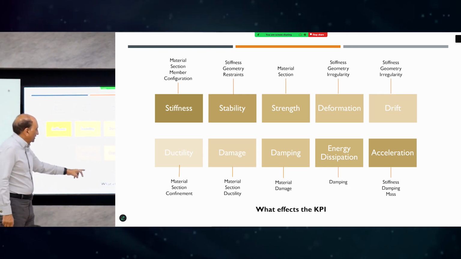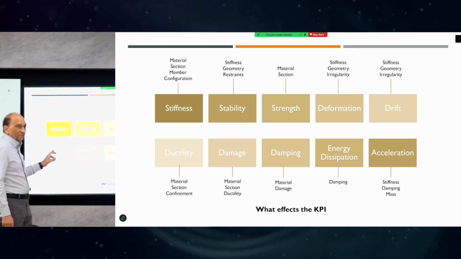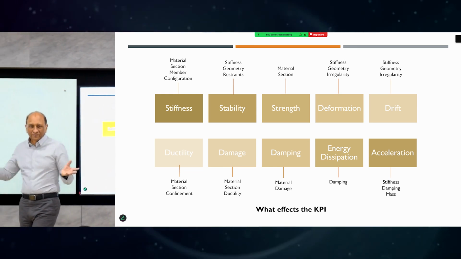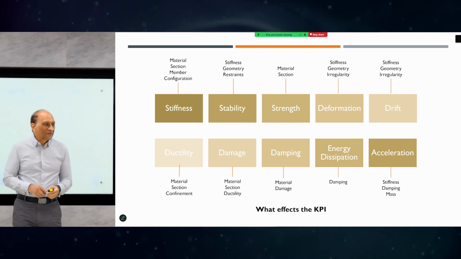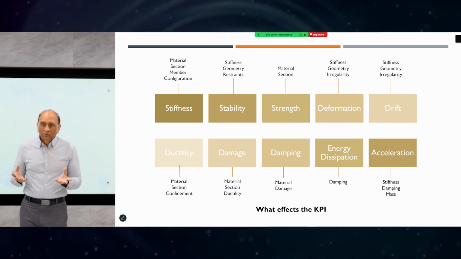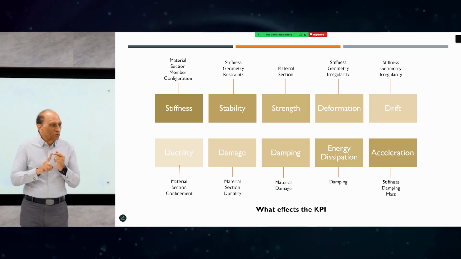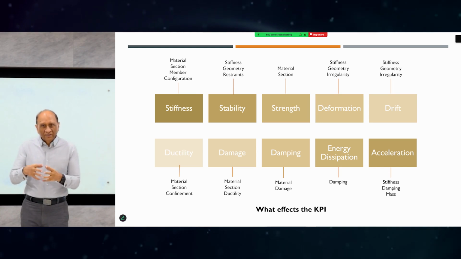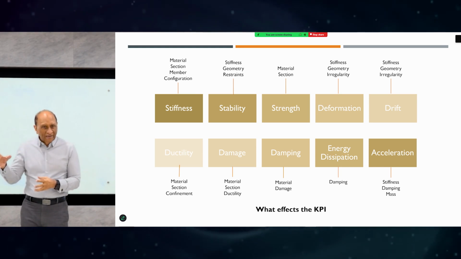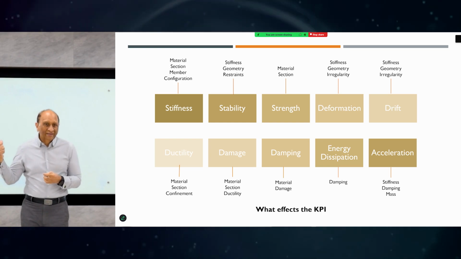Damage comes from ductility, from section and material. Ductility comes from material, section, and confinement. This is a total picture of everything in one slide. You put all the things that you can do and all the criteria in one slide. So if you want to see what the key KPIs are and how I can satisfy them, this is a great guideline for that.